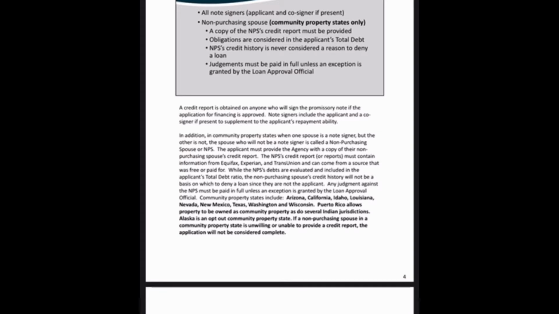They do not have to run their credit, but they do have to include a copy of all 3 of their credit reports, not necessarily the score, just the reports showing what is on the credit, so that they are able to include the debt to income ratio for that non-purchasing spouse. They cannot deny you because of the non-purchasing spouse's debt, but they can work through the total debt, and that way they can give you a subsidy if needed for your mortgage payments.